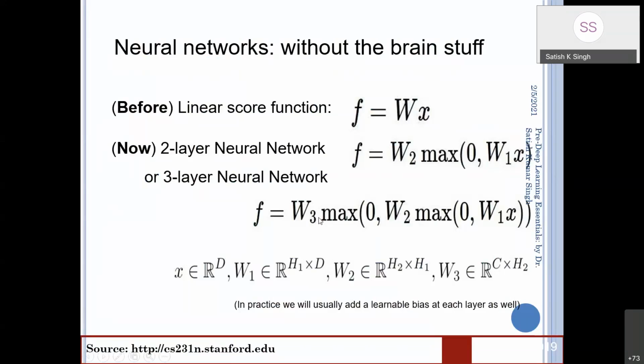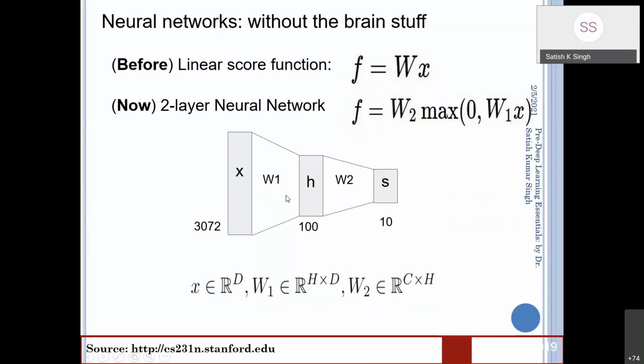But it is not necessary to take all the functions as max functions. They may be different; different nonlinear functions may be used. But here, just for simplicity, this kind of representation has been used. So the linear score function is represented this way, and neural networks are represented this way by using the nonlinear max function.